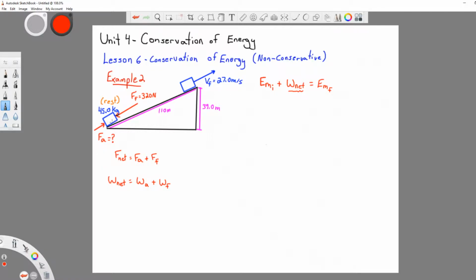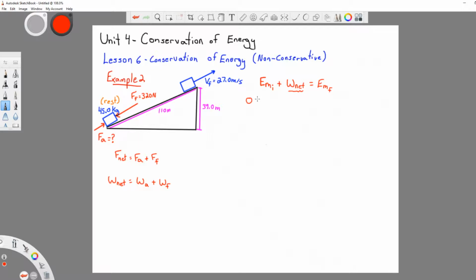We have no springs, we have no height, so potential energy is 0, and this block is at rest, meaning we have no kinetic energy. We have no energy in this block. This mechanical energy initial is one big goose egg.